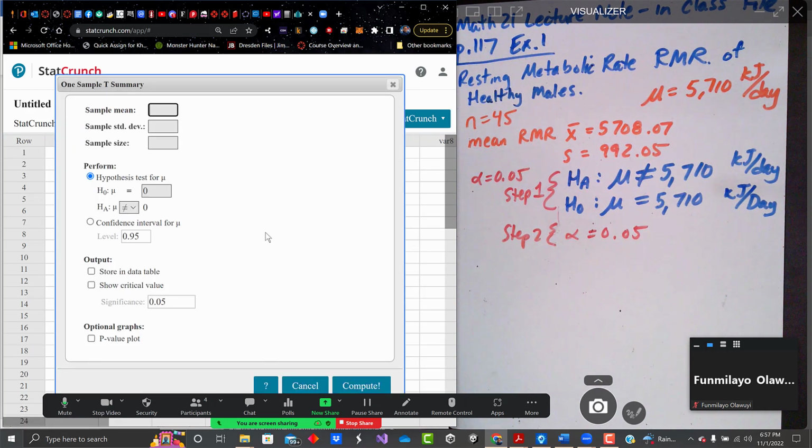It asks for the sample mean. We have that right here, 5,708. The sample standard deviation is given at 992.05.